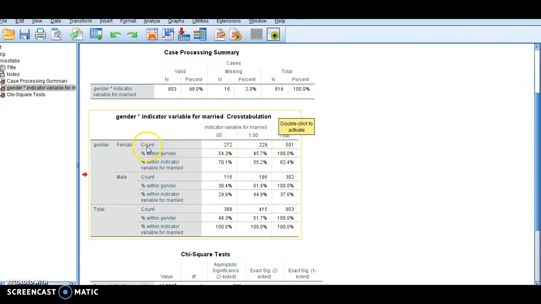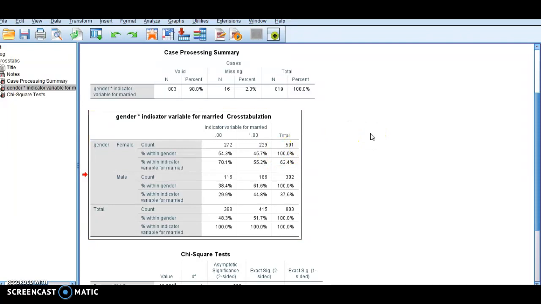So of these 501 females, what percent were married? It's 229 divided by 501, which I already calculated before, is the 45.7. Yeah, let me just verify that. So 229 divided by 501, yeah, 45.7, which is right there.